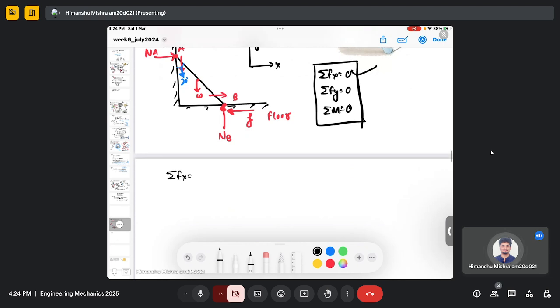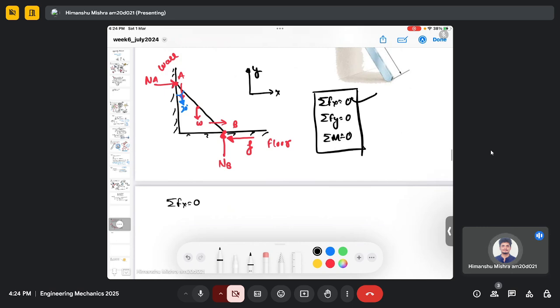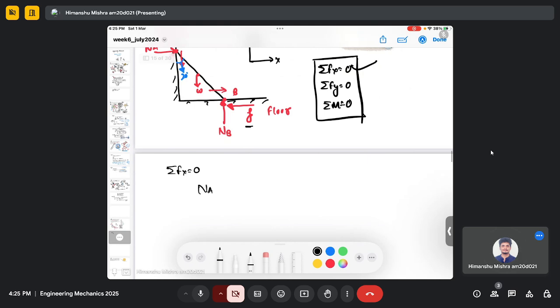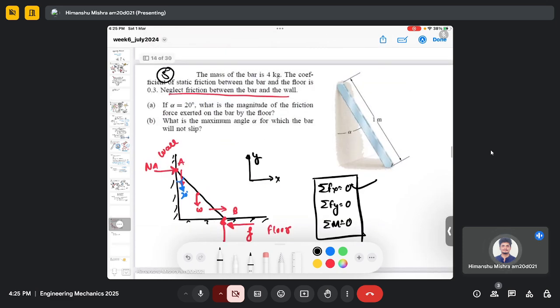If I do the summation of force in x and equate it to 0, I will have Na, which is balanced by F. So Na minus F equals 0, where F is mu Nb. This is my equation 1.